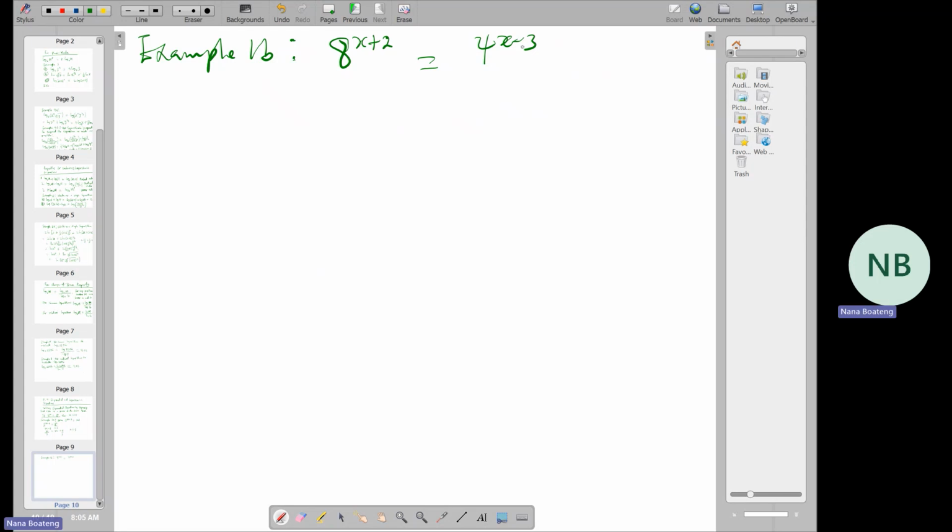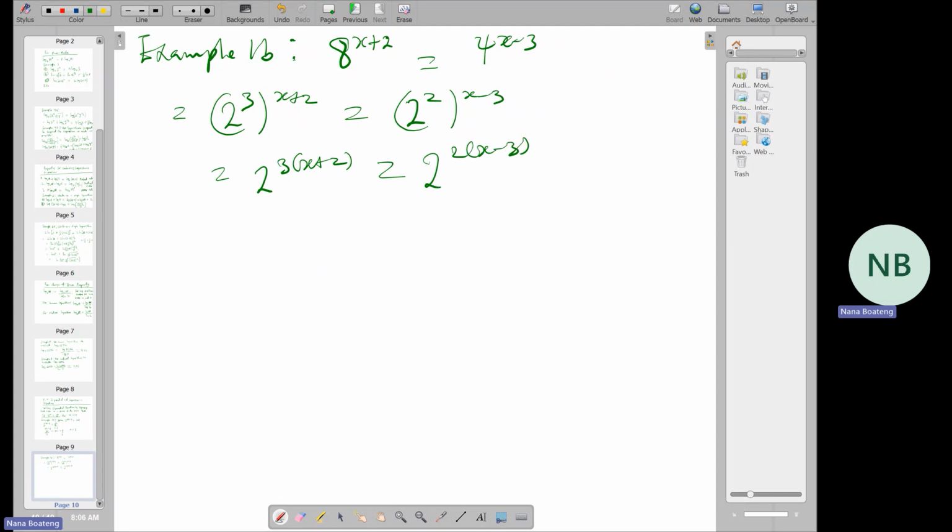So we know that 4 and 8 we can express both as powers of 2. So 8 is 2 to the power 3, and we have x plus 2, and 4 is 2 to the power 2, and we have x minus 3. So this becomes 2 to the power 3 times x plus 2, and 2 to the power 2 times x minus 3.